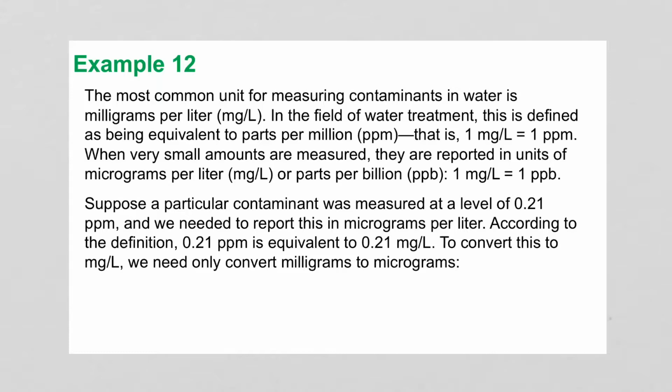So 1 microgram per liter is 1 part per billion. Suppose a particular contaminant was measured at a level of 21/100th part per million, and we needed to report this in micrograms per liter. According to the definition, 0.21 parts per million is equal to 0.21 milligrams per liter.